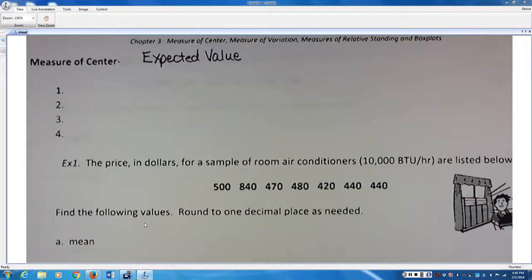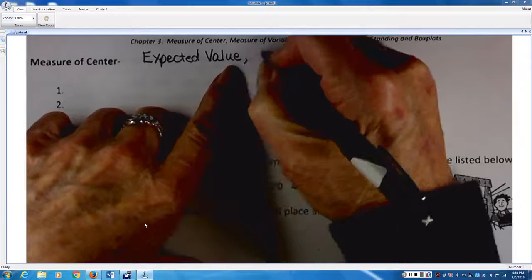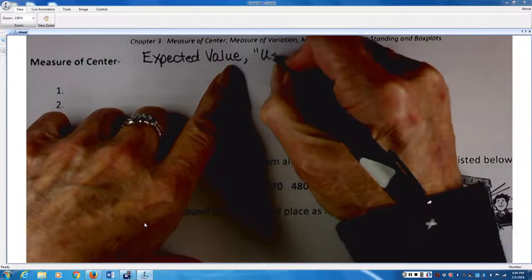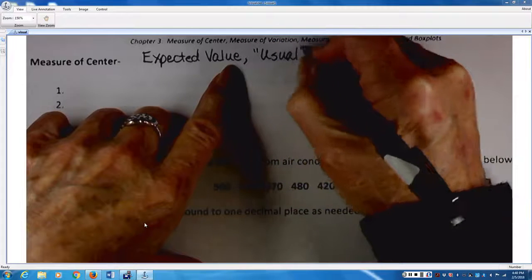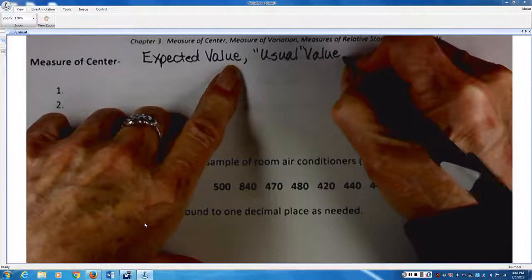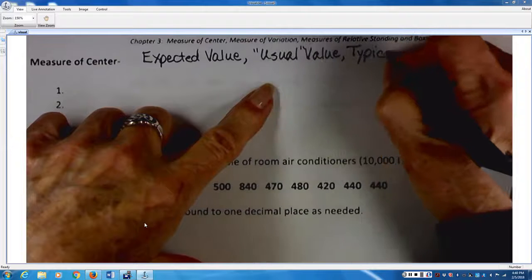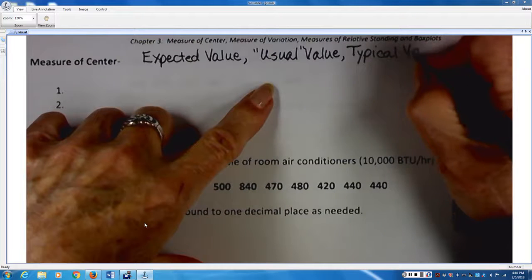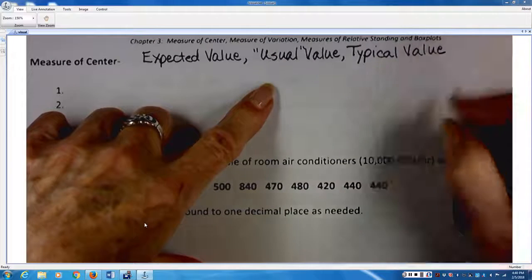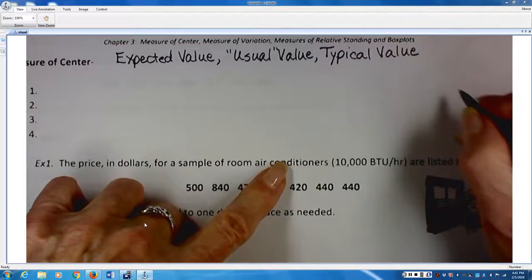If we have to pin it down to one number, it's the usual value, which we think of as the expected value. That's the statistical term. A typical value, and the most often used one is the word average.